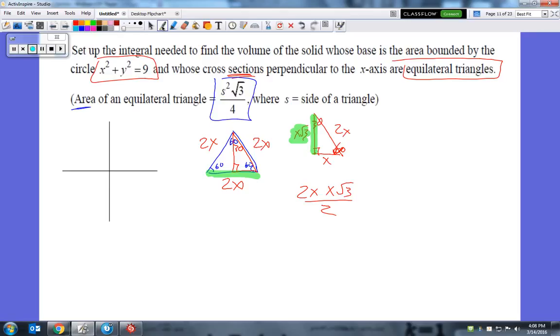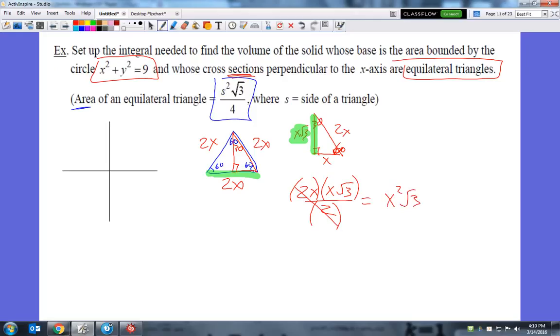Trying to figure out where the 4 comes into play. It's 1/2 times base times height. So base times height divided by 2 would be 2x times x root 3 divided by 2. The 2's would cancel, and you'd be left with x squared root 3.